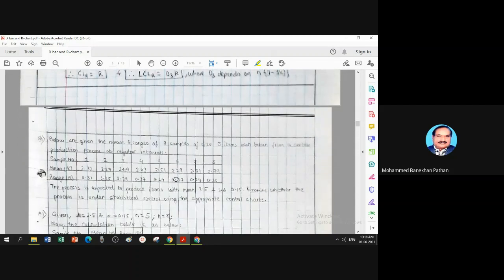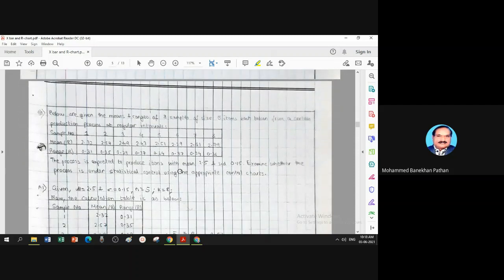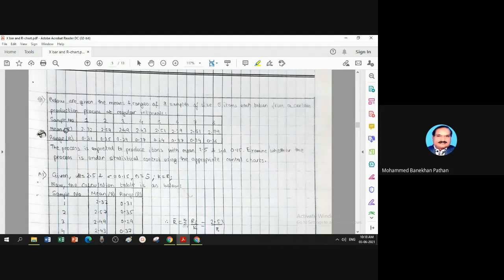Let us proceed to question number 1. The average of the sample is readily given. Sometimes, since this is a sample of size 5, they will provide 5 values here, and then using those 5 values you have to get a mean and a range.